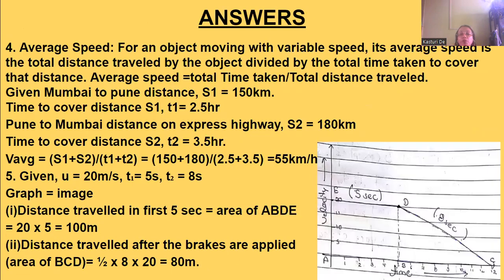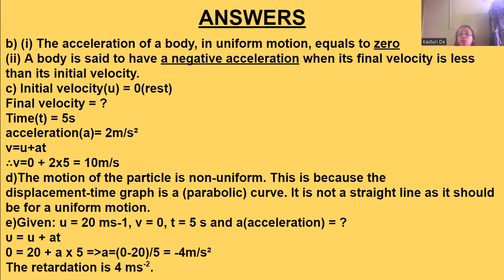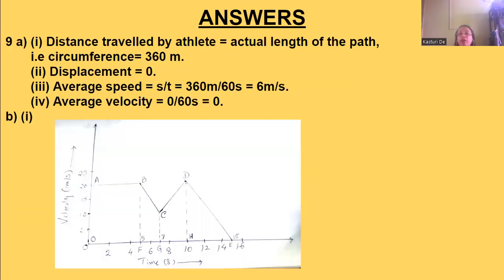From the question, it's moving on a circular path, so the distance will be the actual length of the path, that is 360 meters. Now displacement: as he reaches the same point, the displacement will be 0.